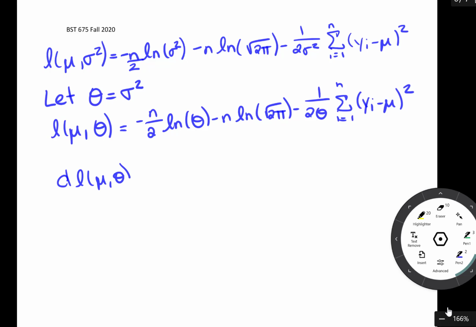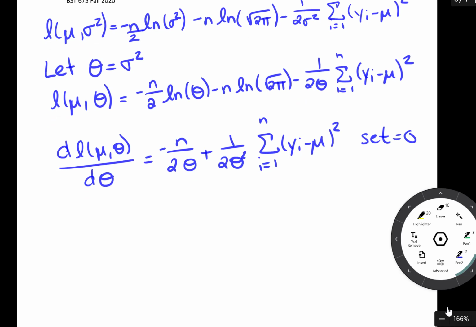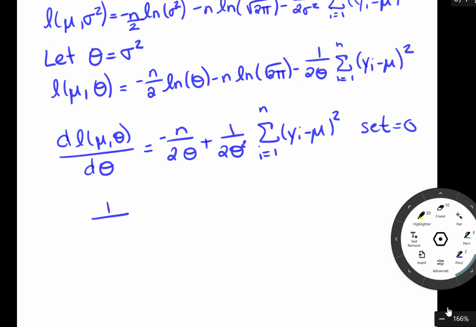And this time I'm going to take it with respect to theta. And just like before, we're now going to set this equal to 0. So when I do this, I'm going to have the following.